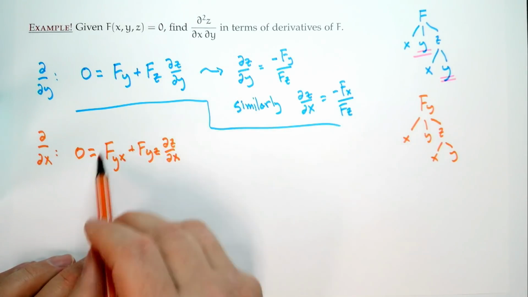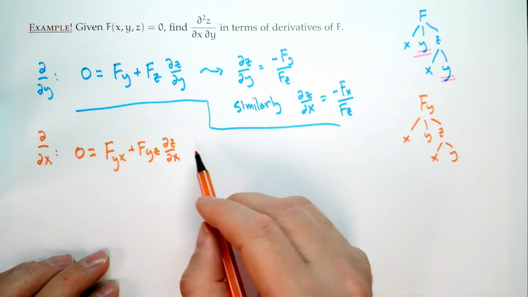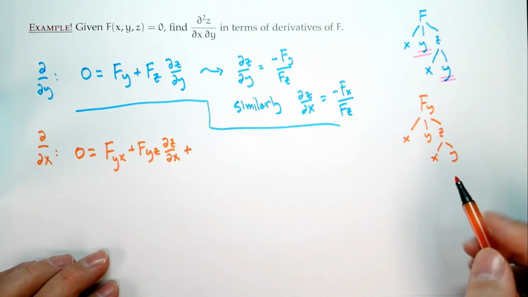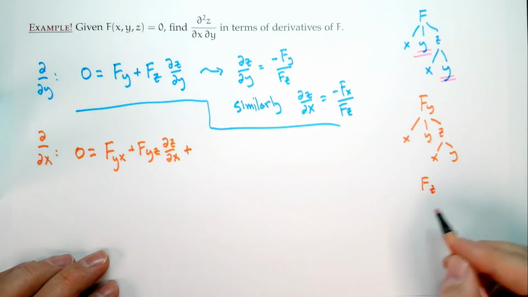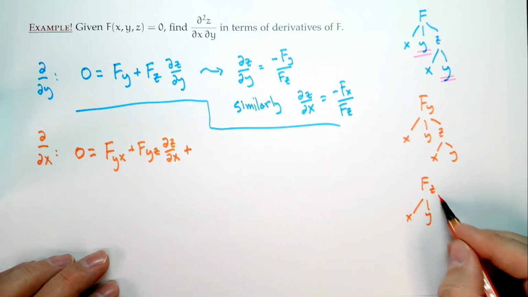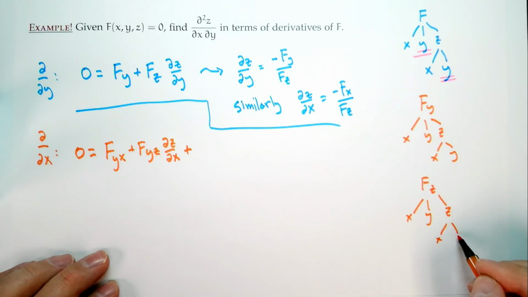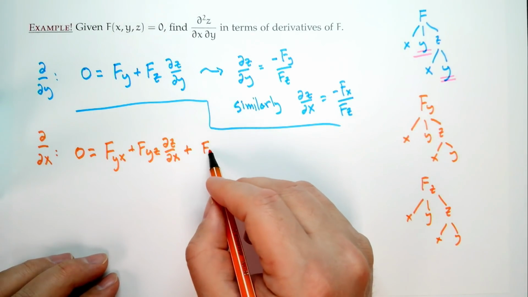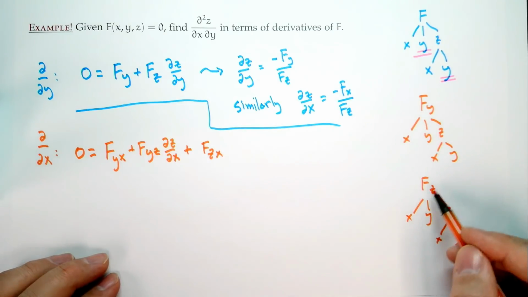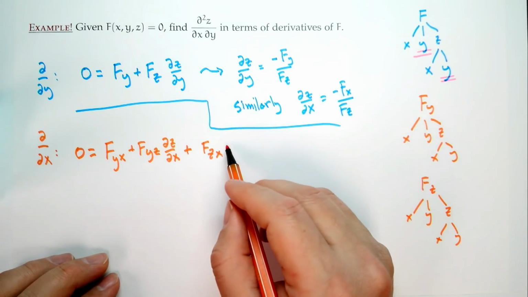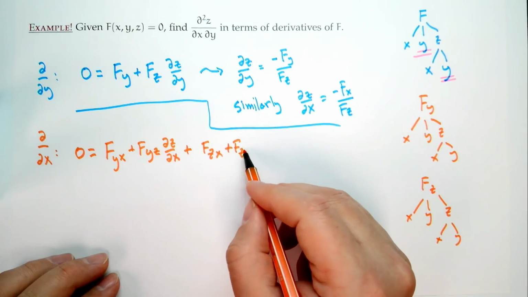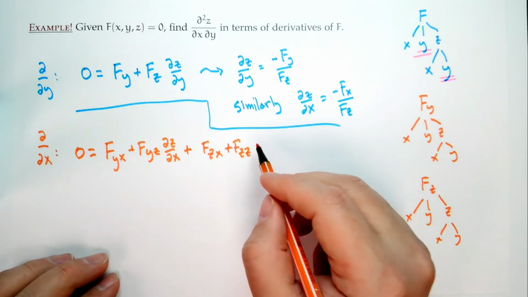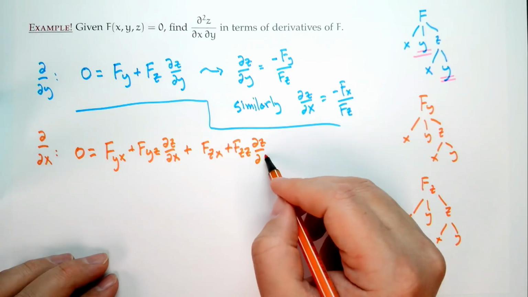So this comes from the f sub y. Plus, now I come to here, product rule. Okay, well what's the tree for f z? The answer is the same as the rest: x, y, z, x, y. So, taking derivative with respect to x, I'm going to have f z x down here, then plus f z z, which is there, times partial z partial x.